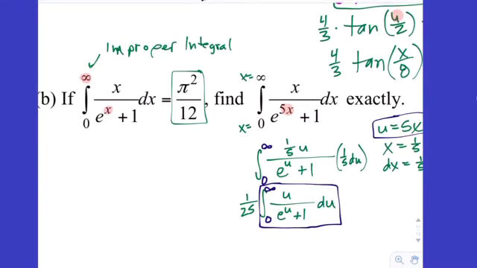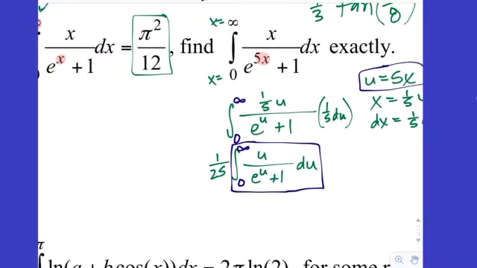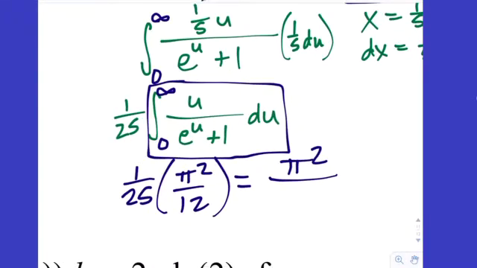And so I can substitute now the boxed thing with pi squared 12ths, and I get 1/25 times pi squared 12ths, which, if you want to simplify that, is pi squared over 300.